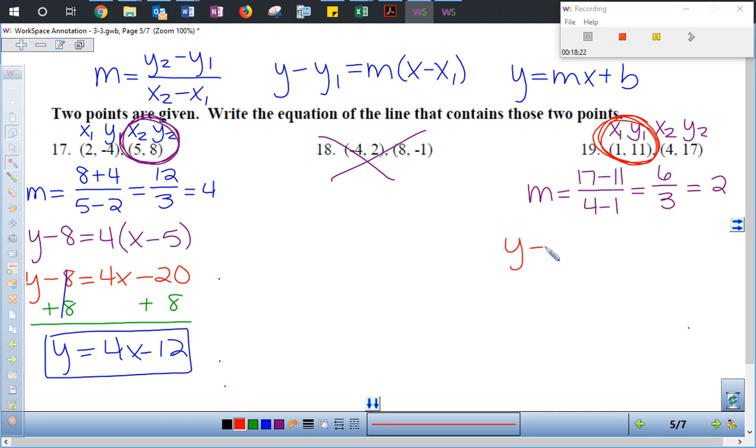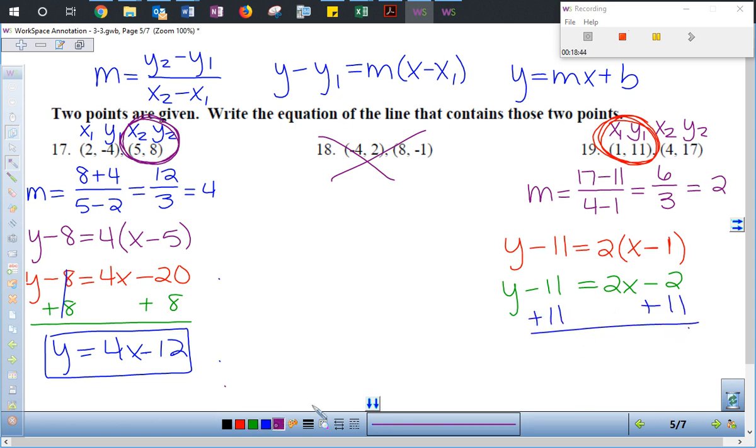So y minus y sub 1, which is 11, equals my slope of 2 times the quantity of x minus x sub 1, which is 1. Now I can distribute, so y minus 11 equals 2 times x minus 2. Then we can add 11 to each side, and we'll be left with y equals 2x plus 9.